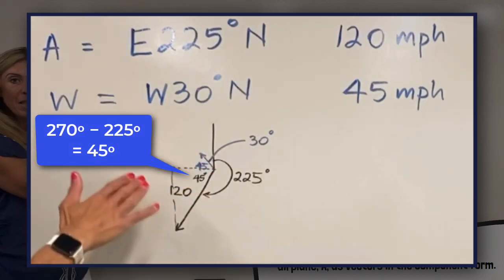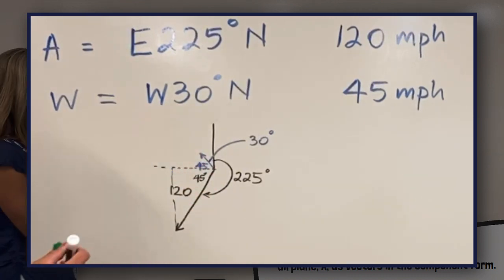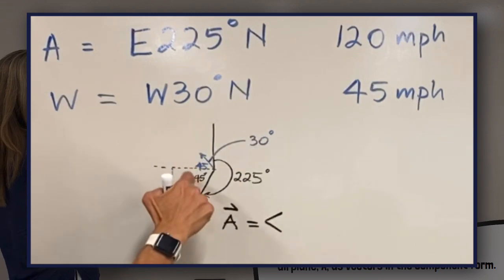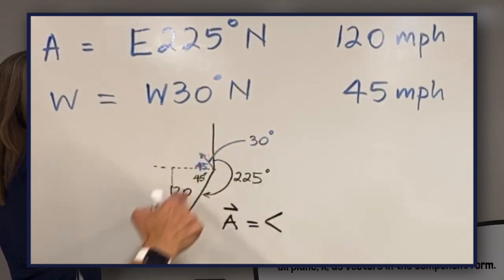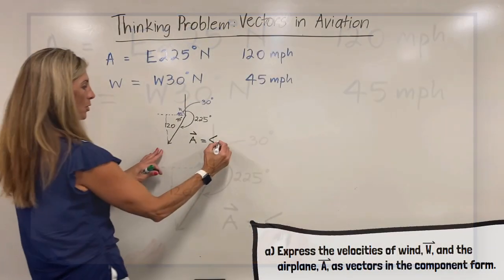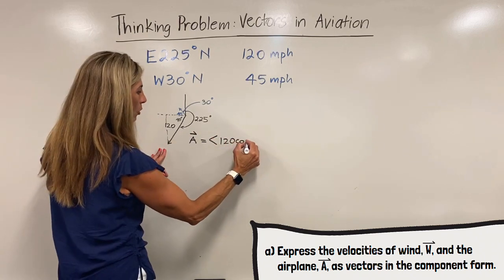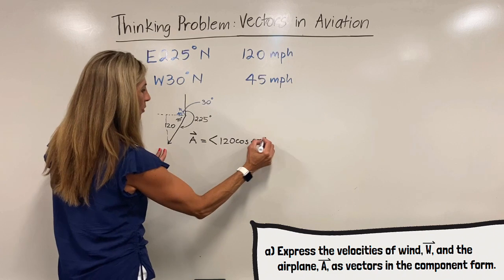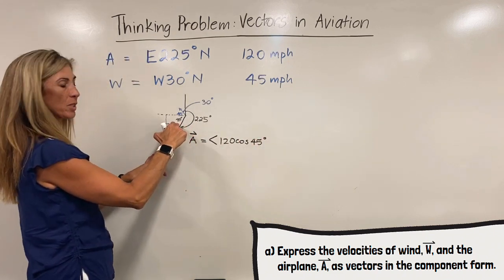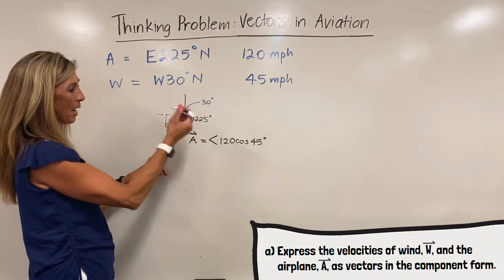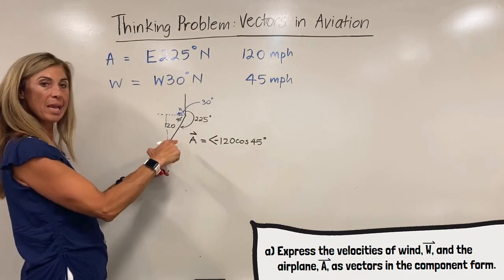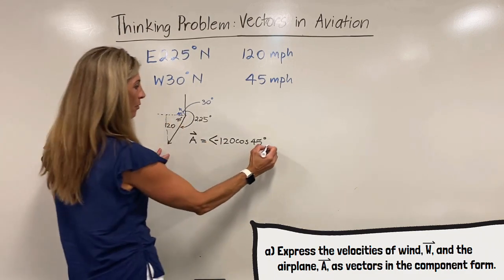So we have the plane vector set up now. We have a 45 degree angle and a magnitude of 120. So 120 cosine of, we don't want to use 45, even though that is our reference angle. Cosine is our horizontal measurement and it happens to be negative. So negative 120 cosine 45 degrees.